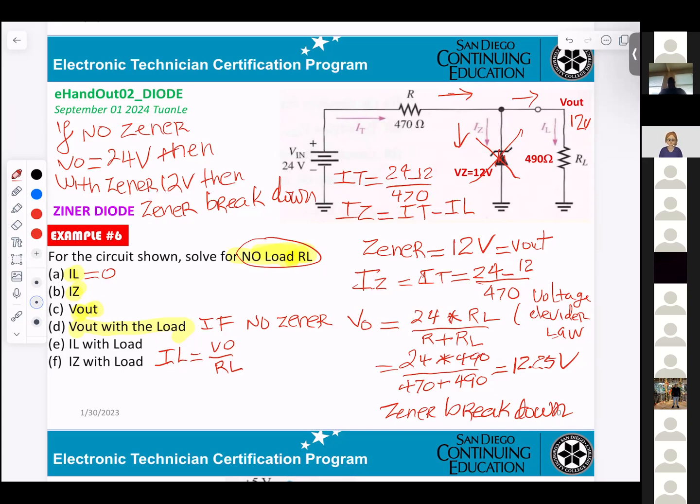Only minor differences. I hope you can get through it. Any question up to this point? Any question, anything? No?